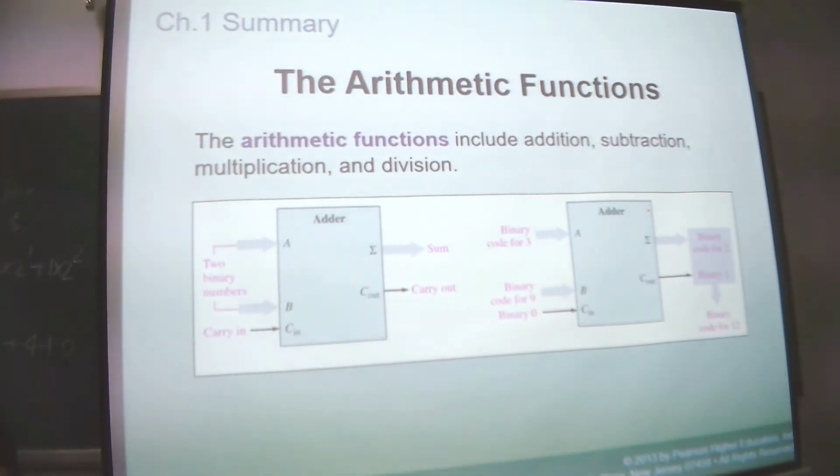The arithmetic functions include addition, subtraction, multiplication, and division. These four kinds of functions are called arithmetic functions.